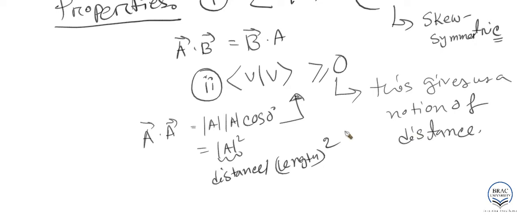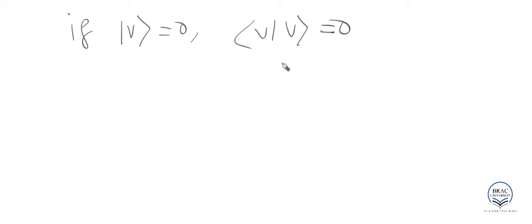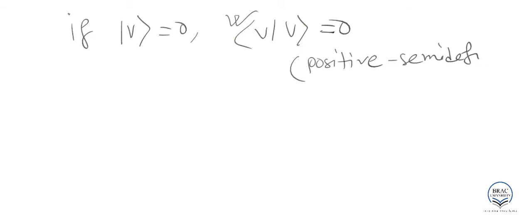And it can be 0 only if v is 0. That's why we are calling it the positive semi-definite property of the inner product.